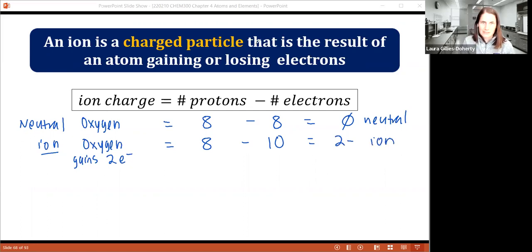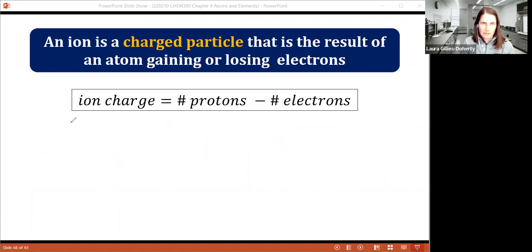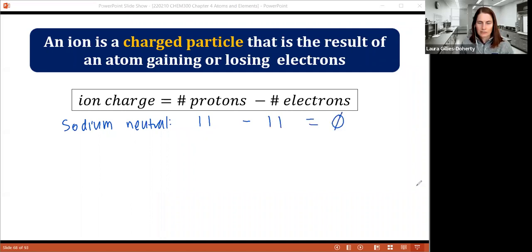Another example, let's do sodium. When it's neutral, it has 11 protons. That's its atomic number. So when it's neutral, it's also going to have 11 electrons. Charge is 0. But for the sodium ion, sodium is a metal, so it likes to gain electrons.